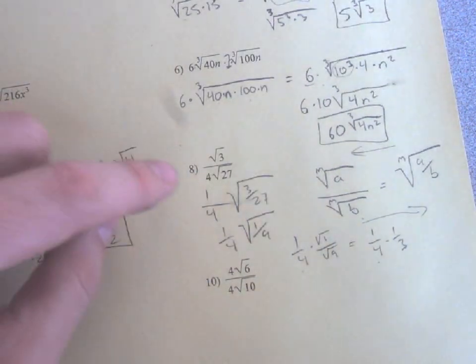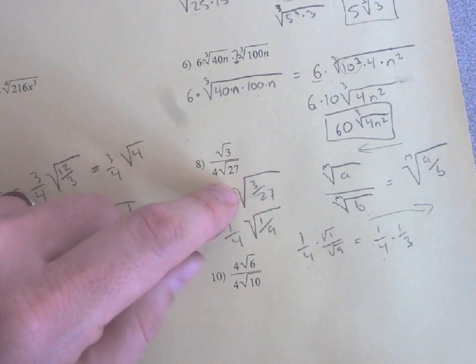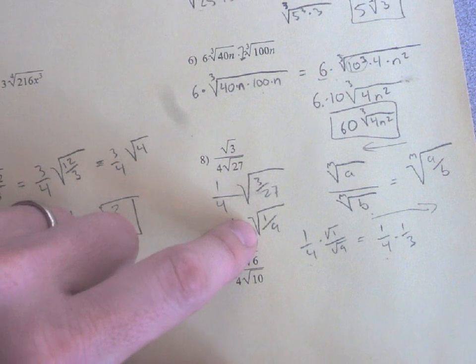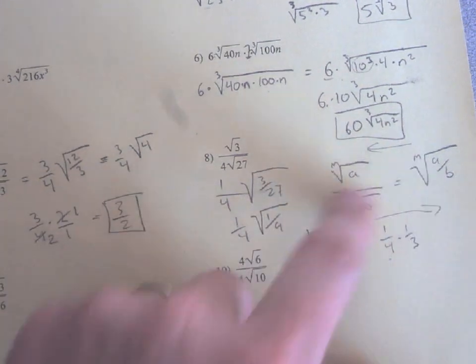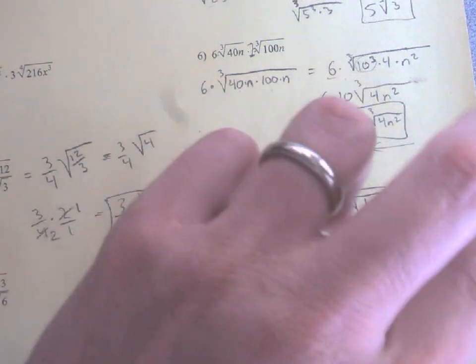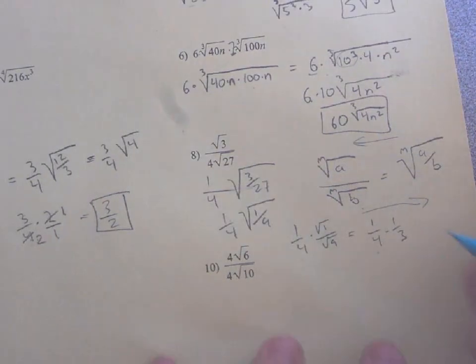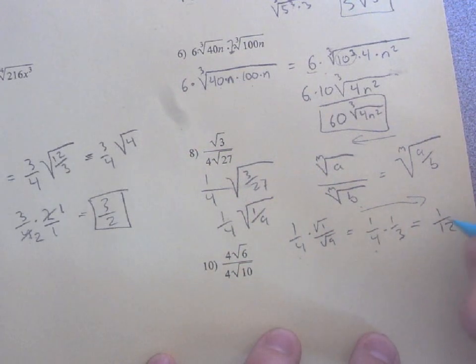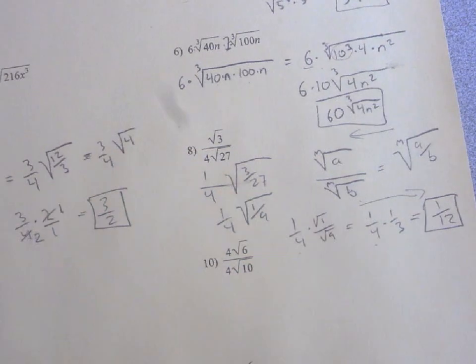So we went from 2 roots to 1 root to another 1 root with the fraction simplified back to 2 roots. So we're actually using this property both ways. We're taking 2 roots and putting them together and taking the single root and splitting them up. We're just kind of going back and forth, manipulating this until we get something that's simplified. Okay, so that's 1 over 12. 1 times 1 over 4 times 3.